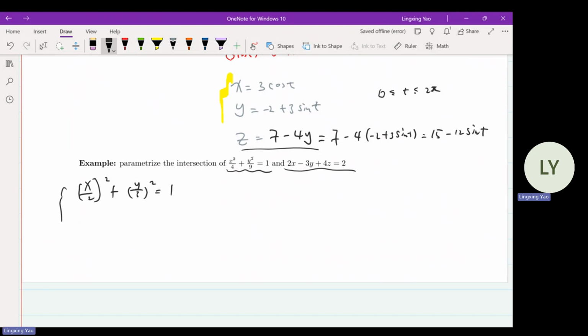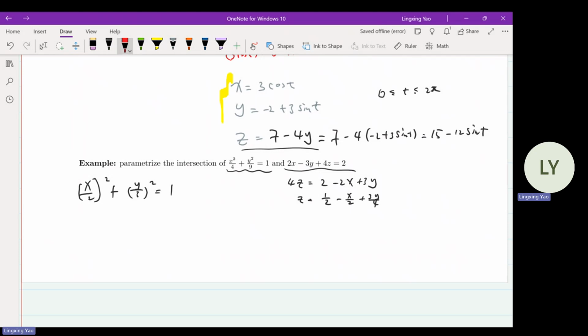All right, and then for the second, let's write it in a different place. So it's 4z equals 2 minus 2x plus 3y. All right, so z equals 1/2 minus x over 2 plus 3y over 4.